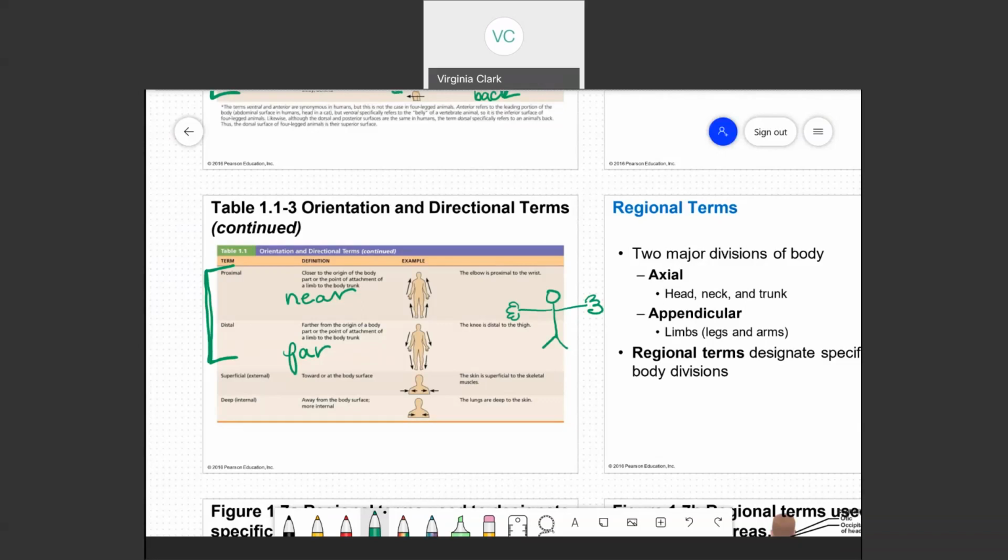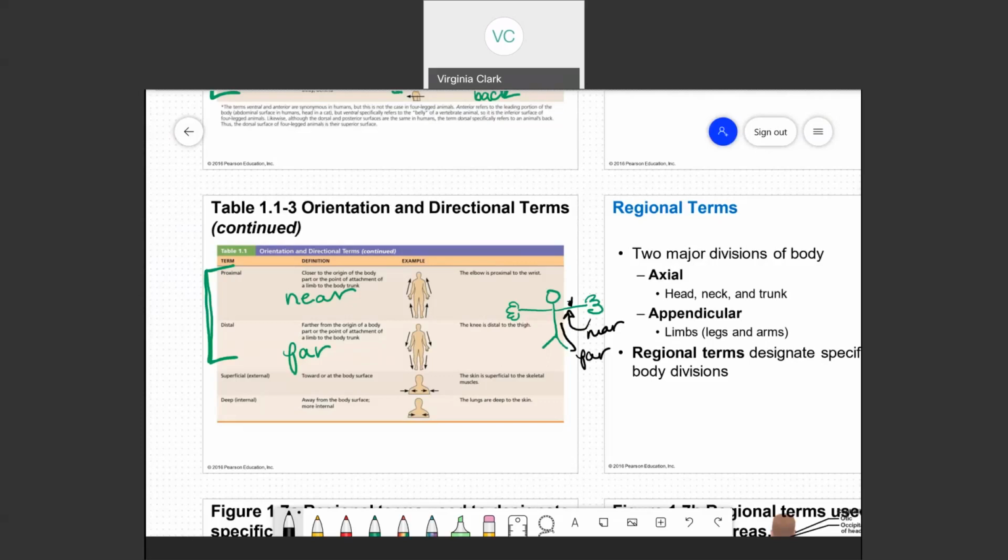When you look at this guy, essentially what you're saying is, if you were to look at your elbow right here, your hand is proximal to your elbow. Your hand is near. Your foot is far. So your foot is distal from your elbow. So it is farther away. They're very interesting, but as you go, you'll understand how those two work.